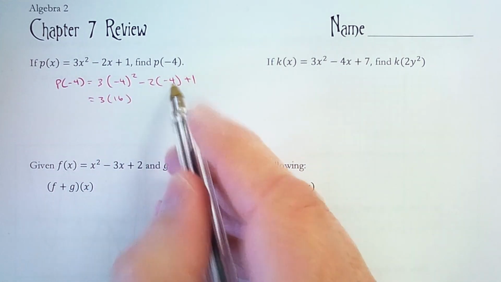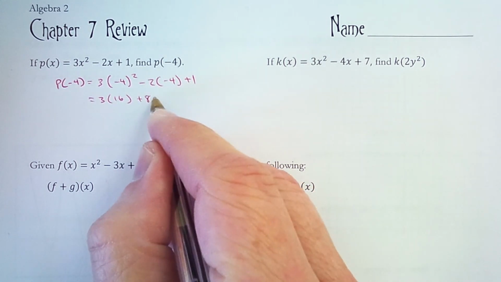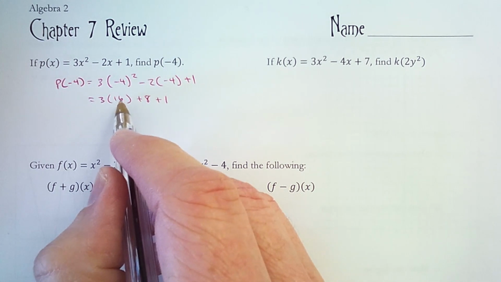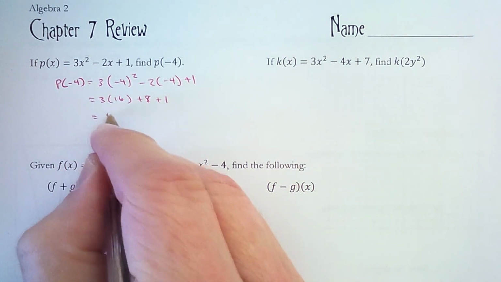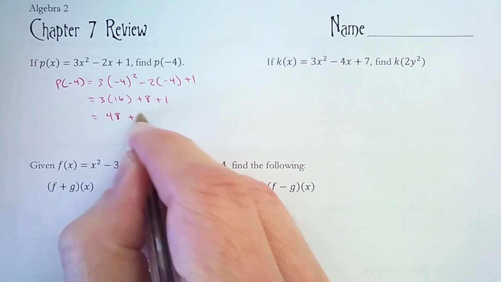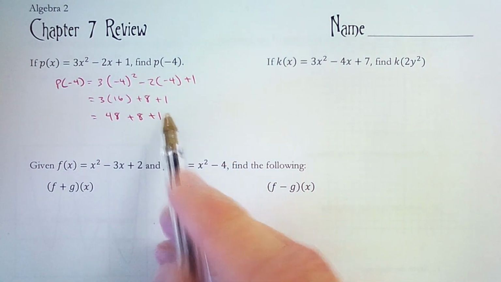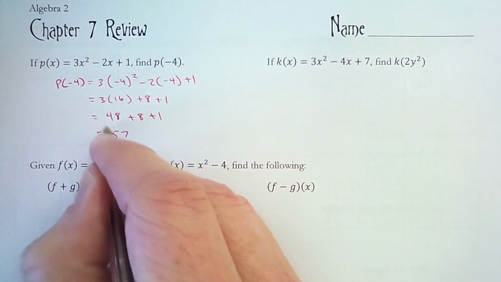And then -2 times -4 is +8 plus 1. 3 times 16 is 48. 48 plus 8 is 56 plus 1 is 57.